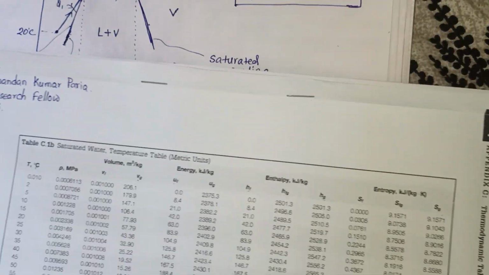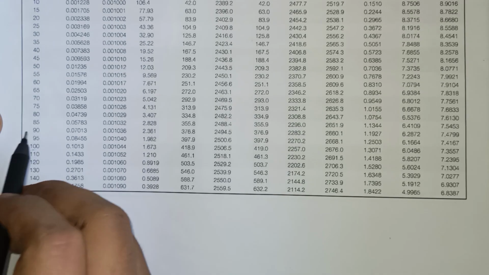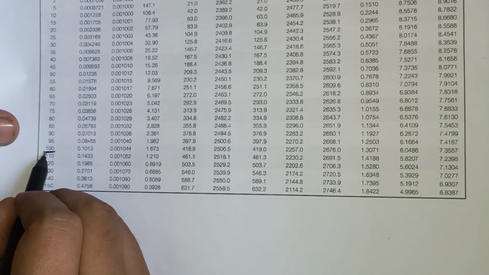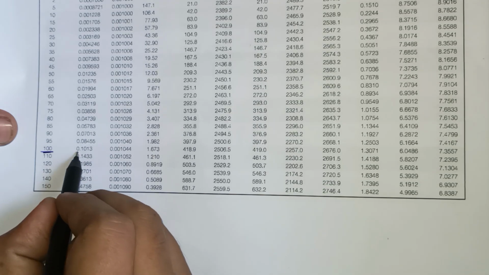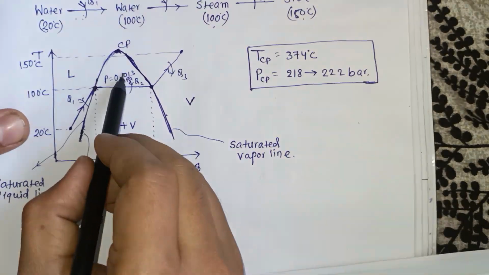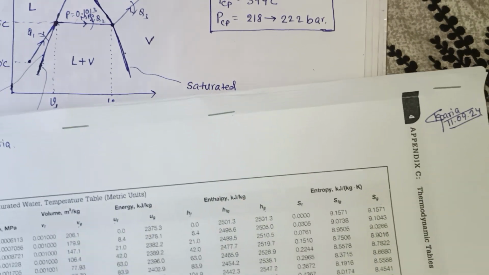Suppose there is a 100 degrees Celsius temperature. This is the saturation temperature, and the pressure is 0.1013 megapascal, which you can also say is 1.013 bar.